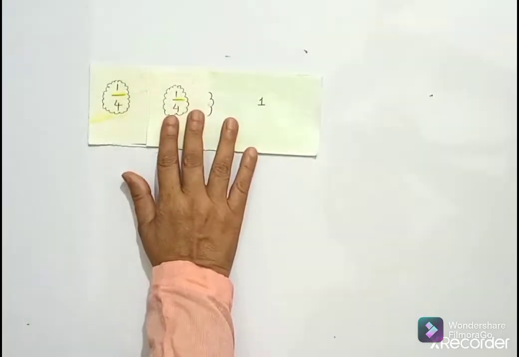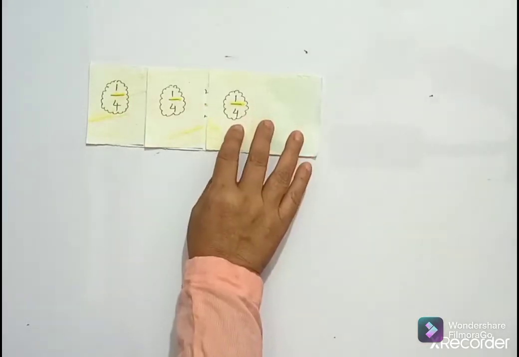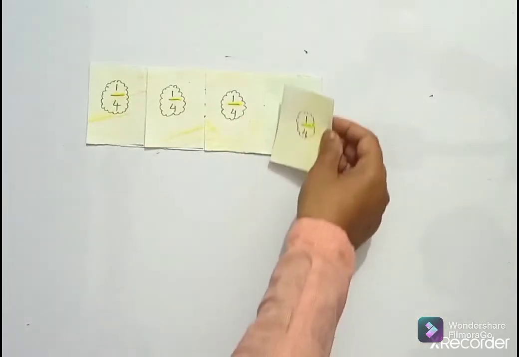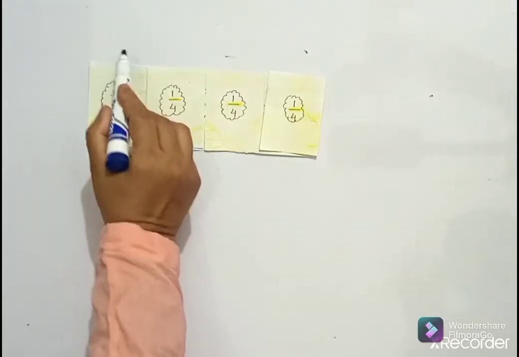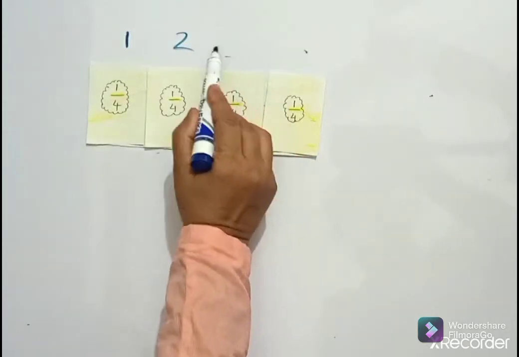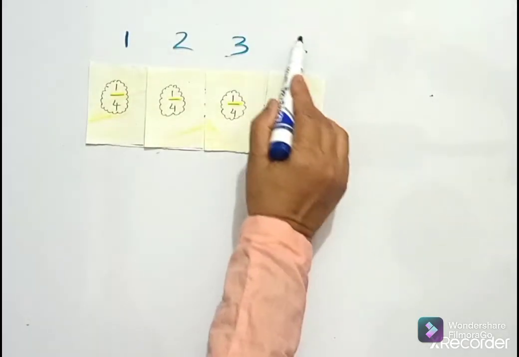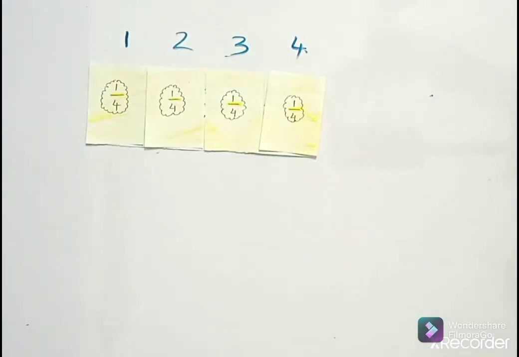Again it is a part, second part, third part, and last one. So how many 1/4s make a whole? Very good. 4 1/4s. So 1/4 for one part, second part 2/4, 3/4, and 4/4. It makes a whole.